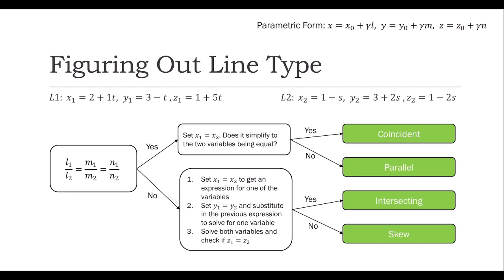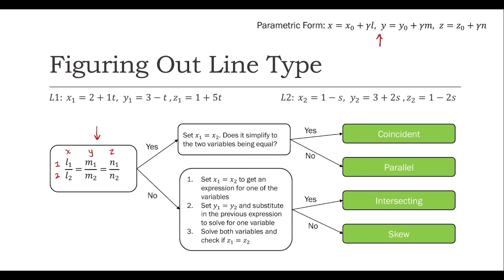Next, we have how to figure out which type of lines we get when we have two lines. So you need it in your parametric form. First, you can test if the lines have the same slope using the slope of your x, y, and z of each line. So you have line 1 and 2.